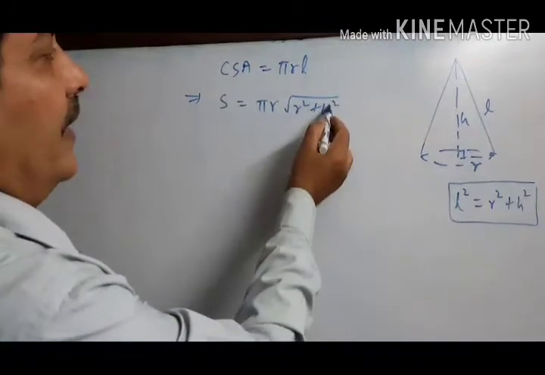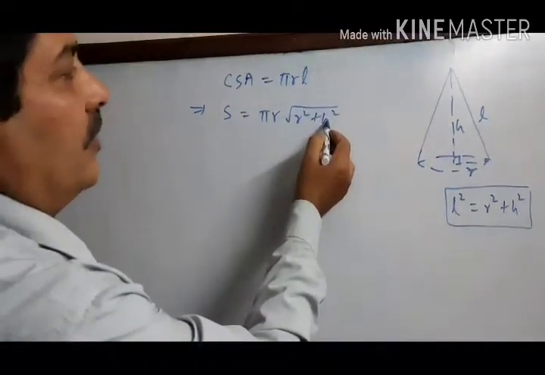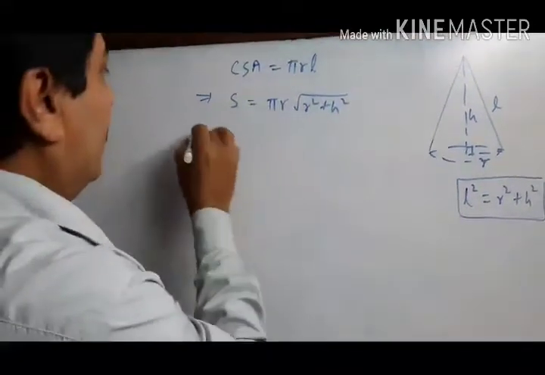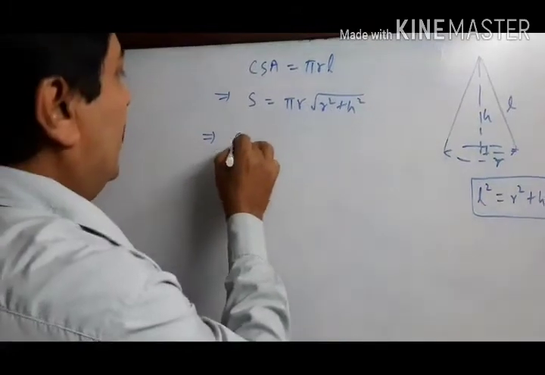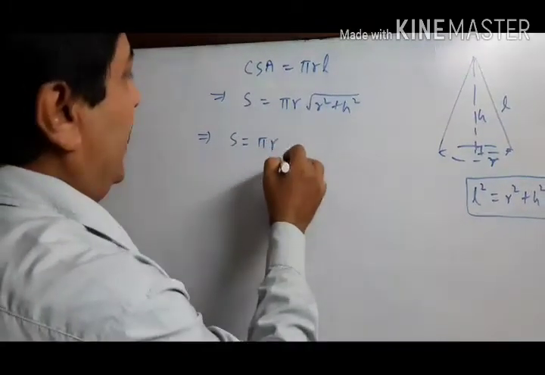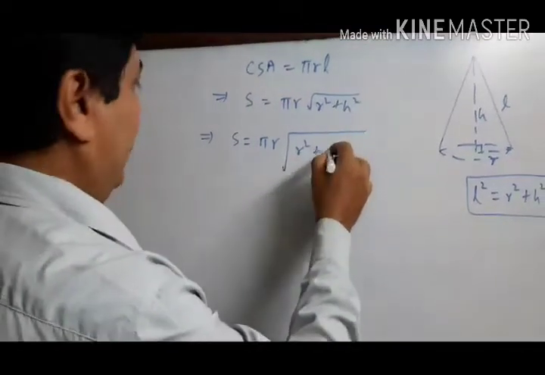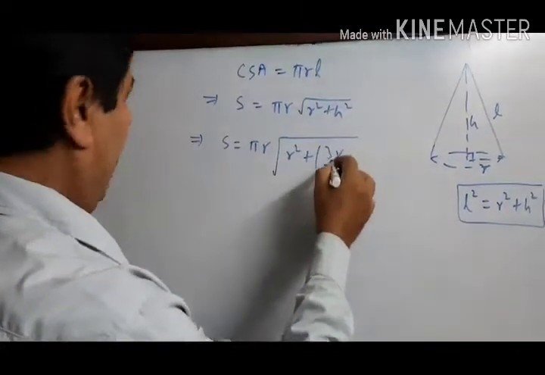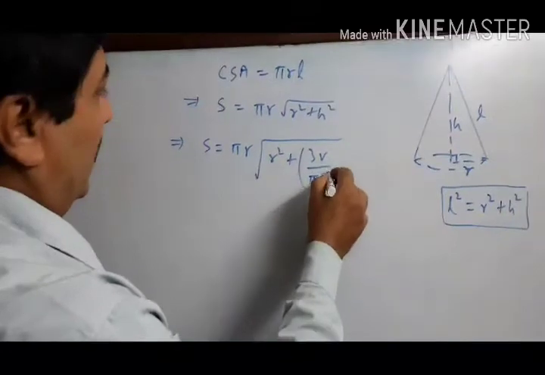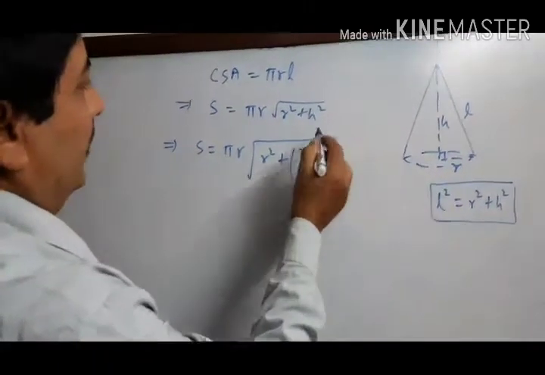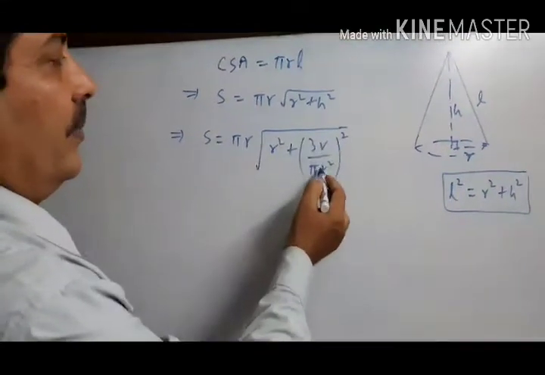Now bring the value of h from equation 1 to put here. What was that? S equals pi r root over r square plus the value of h, we had 3V by pi r square, whole square. This is the value of h from equation 1.